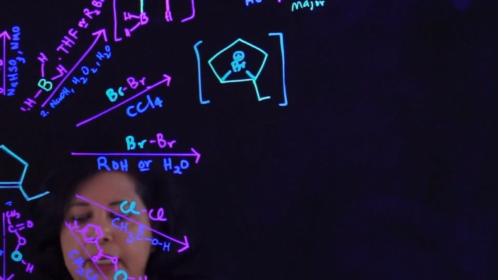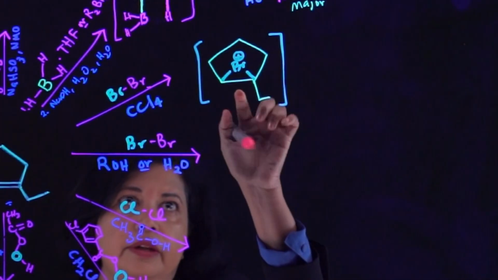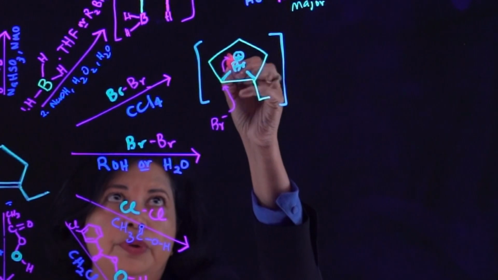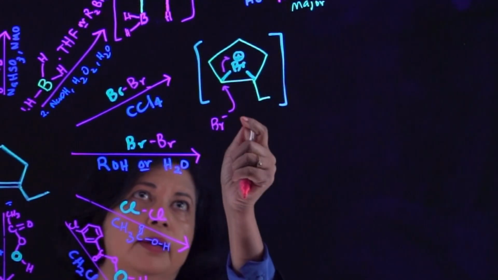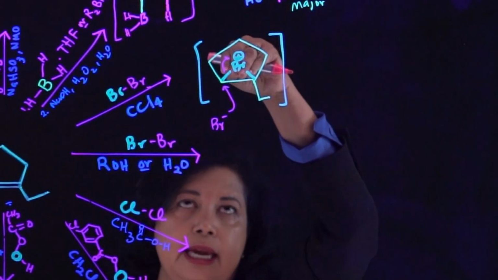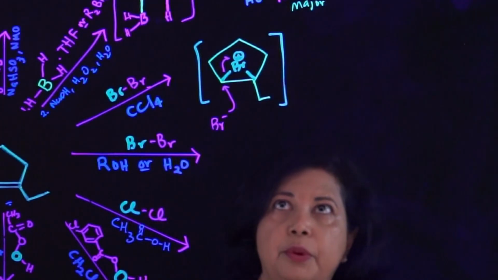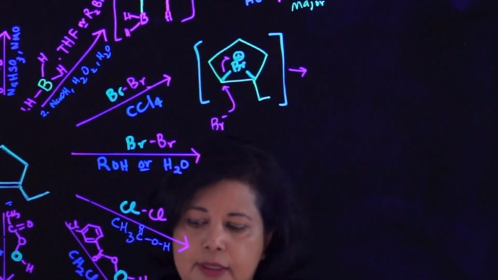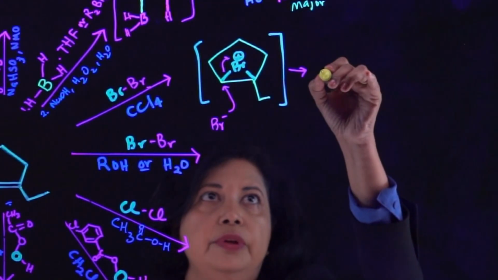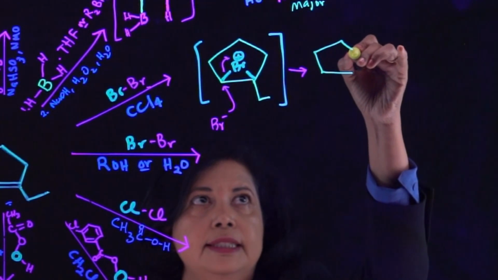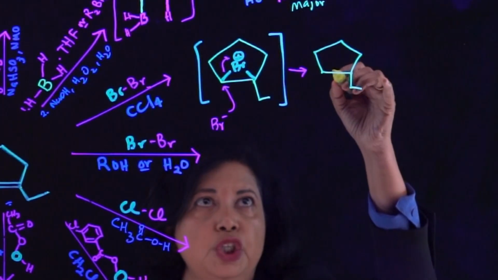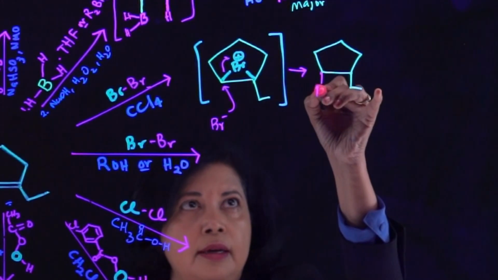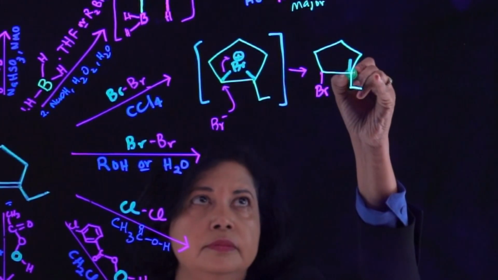And then the bromide is going to attack over here and move this over. You could also put the bromonium at the bottom and have the bromide attack from the top. Both of those are possible. I'm just showing you one scenario here. And that is going to give you opposite sides of bromine addition, bromine here and here.